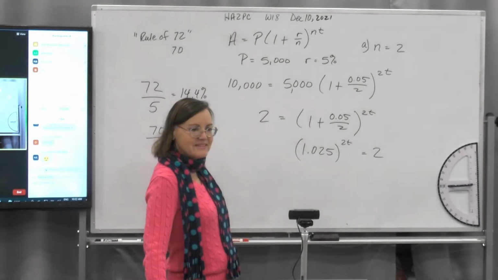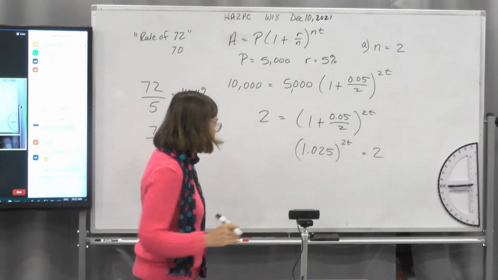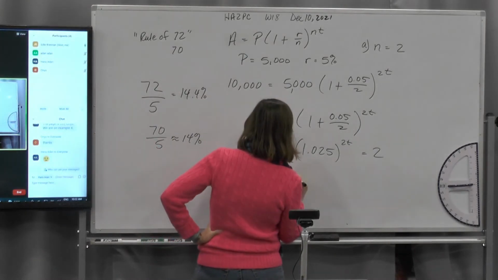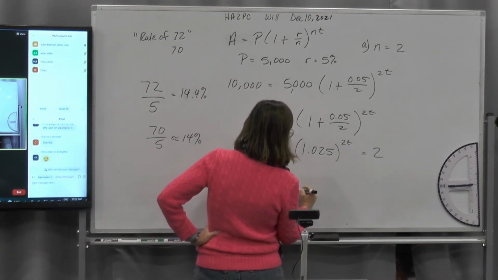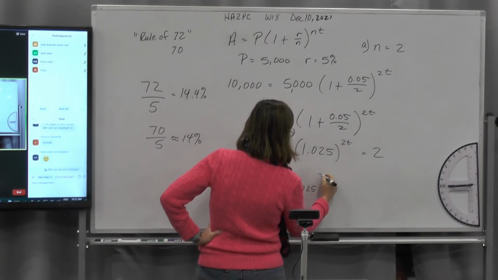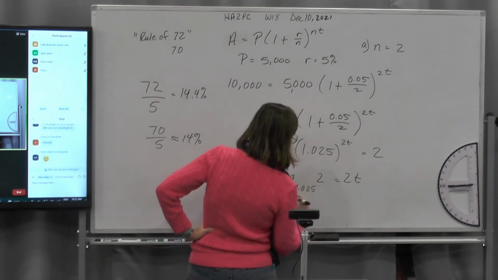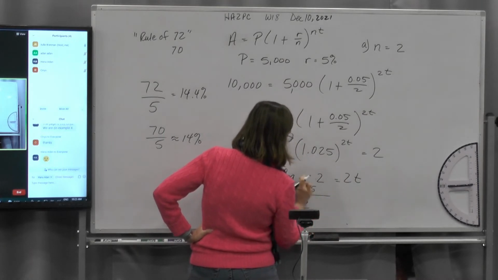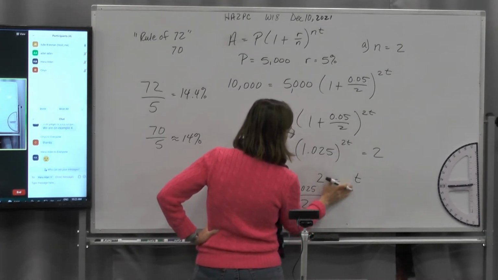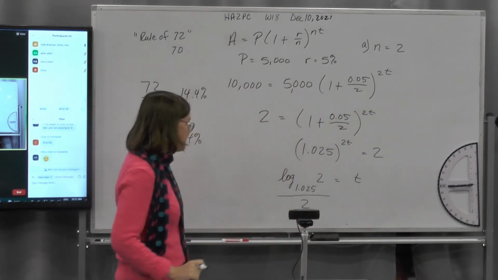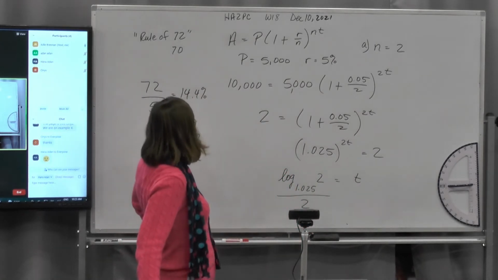Well, the base is 1.025, so the log base 1.025 of 2 is equal to 2t. So the time is going to equal this divided by 2.